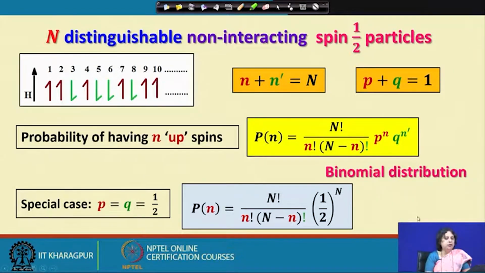Now, let us have a look at the consequence of having this binomial distribution and how we can use these concepts in understanding the number of microscopic states that are possible for a given macrostate, and what would be the outcome of a measurement that I make on a system comprised of capital N distinguishable non-interacting spin-half particles.